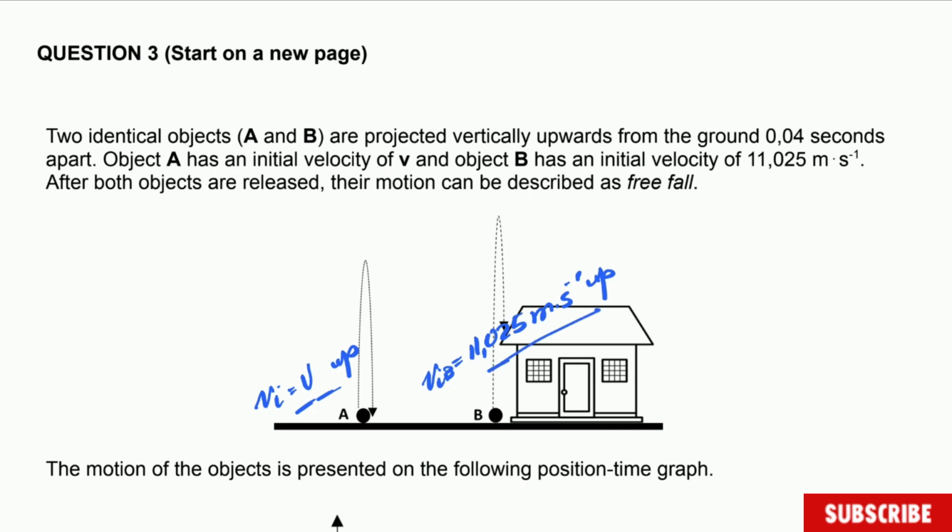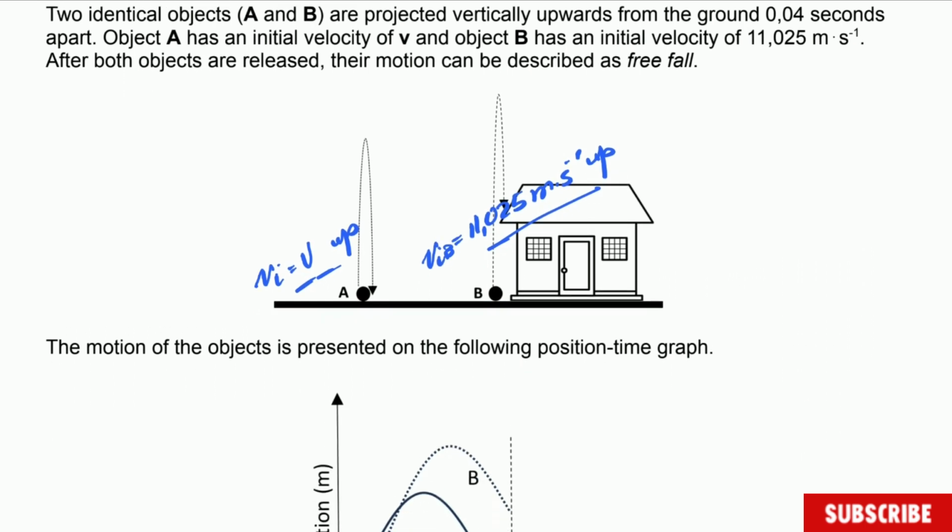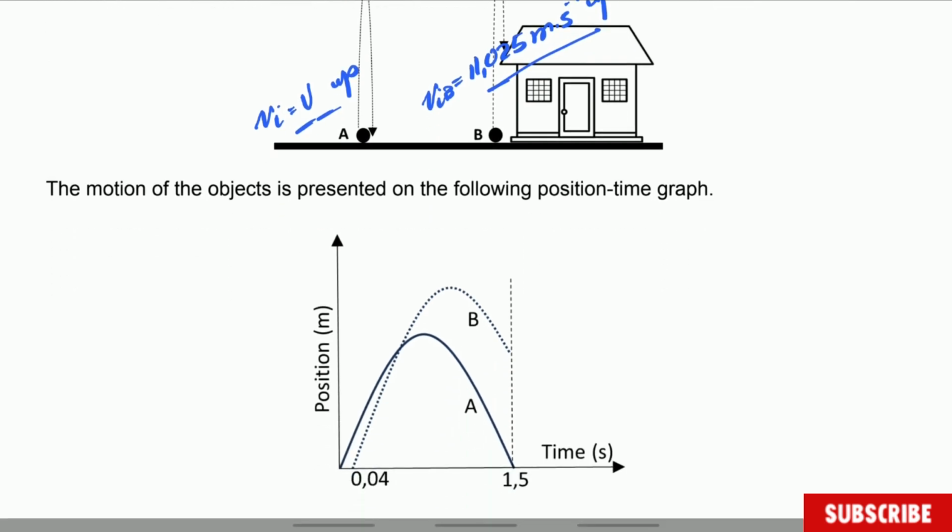Now, after both objects are released, the motion can be described as free fall. The motion of the object is presented on the following position time graph. For object A, the initial velocity is v, but you can see that the total time it takes to reach the ground is 1,5 seconds.